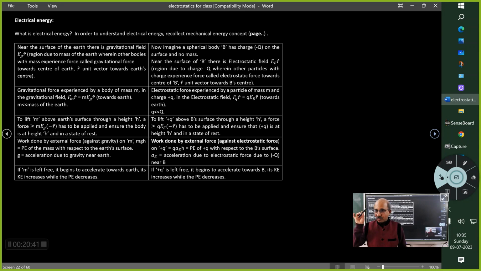And then I have this body without mass, only charge q, no mass. I have taken this object without mass, only charge. Get it?